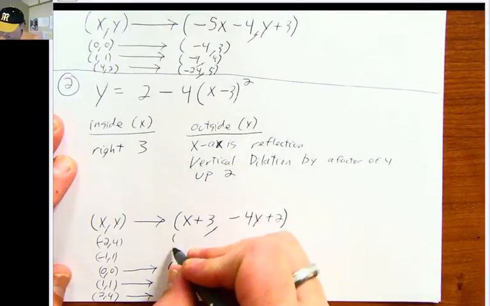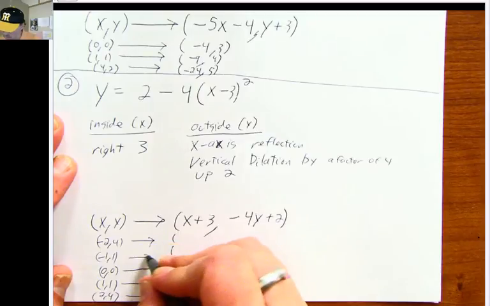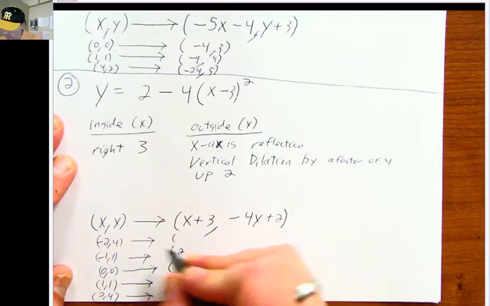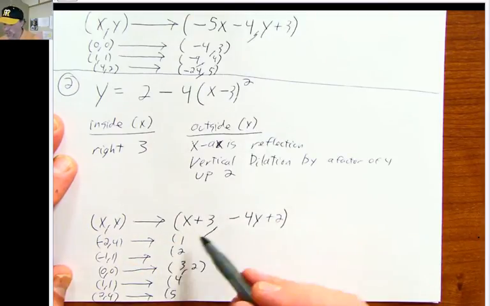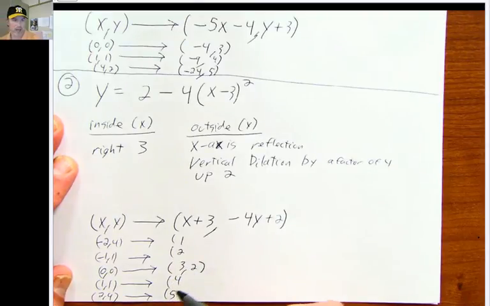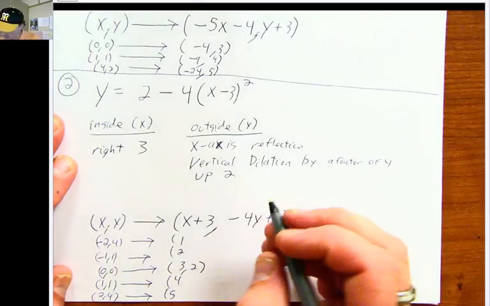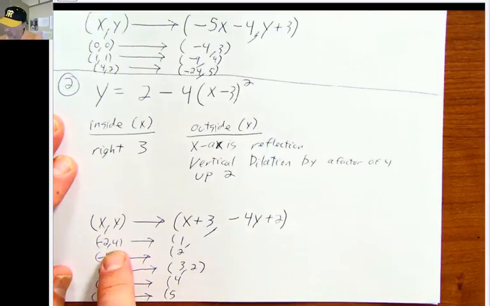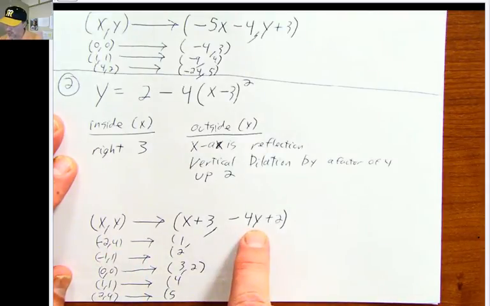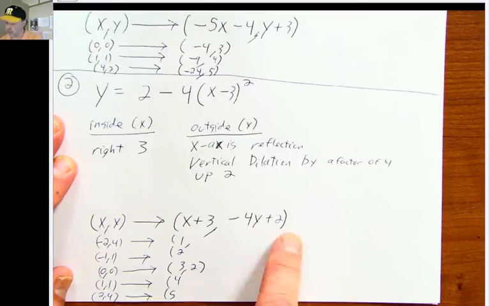If we just keep doing this with all these x values, -1 plus 3 is 2, -2 plus 3 is 1. Check it out, 1, 2, 3, 4, 5, that makes sense. And then for y: 4 times -4 is -16, -16 plus 2 is -14.